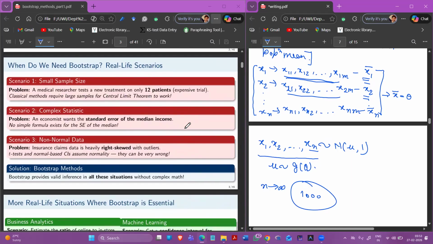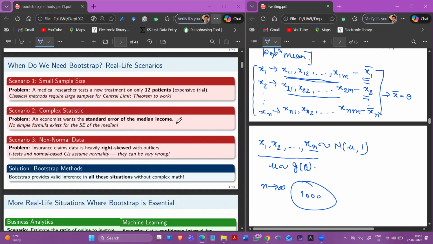So when do we need the bootstrap in real life scenarios? Here we give you some examples. First, a small sample size. A medical researcher tests a new treatment on only 12 patients due to expensive trials, like cancer.